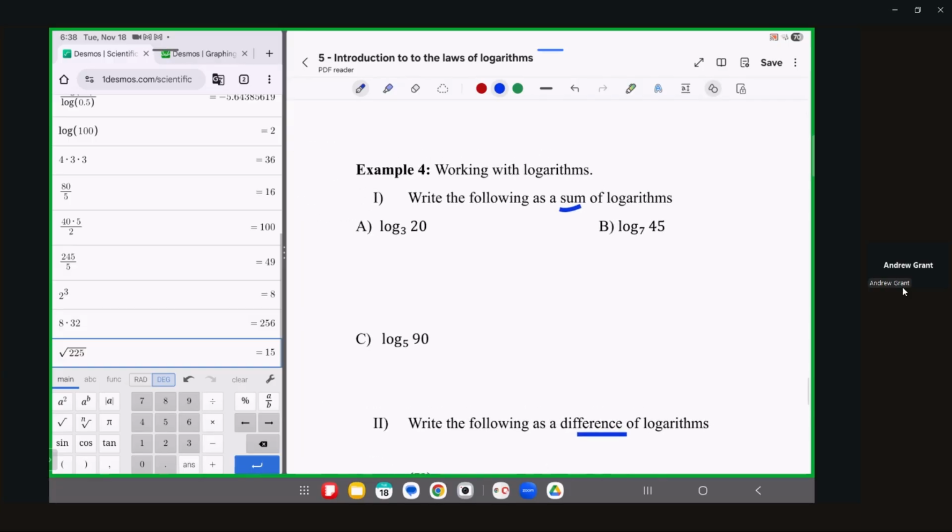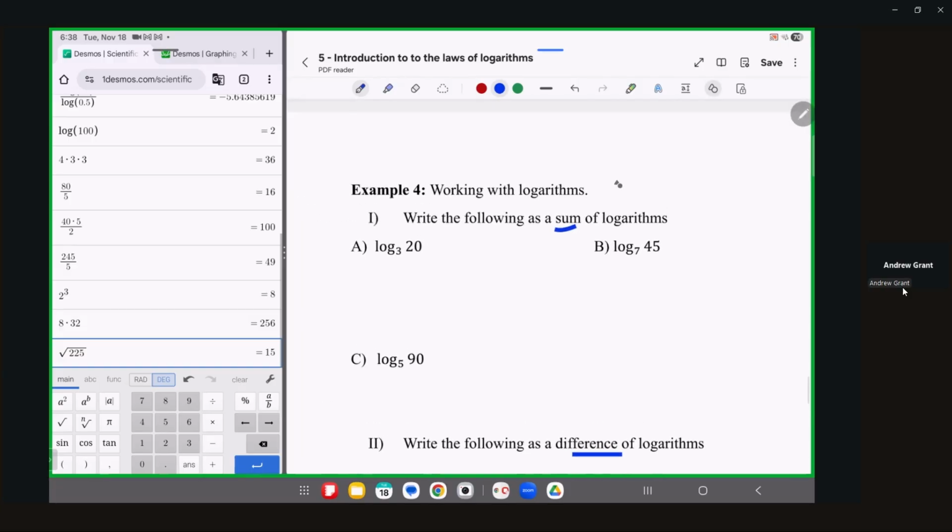And so for all of these ones, we need to find 2 or more numbers that multiply to give the argument. We're going to stick with 2 because that's going to be easier.